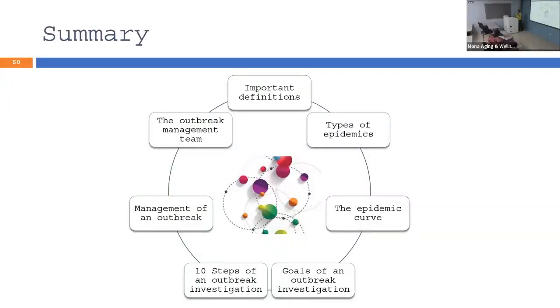That's a larger outbreak spreading over a wider area, several countries or continents. And the types of epidemic, the common source or propagated, and for common source, point source, intermittent, and continuous.